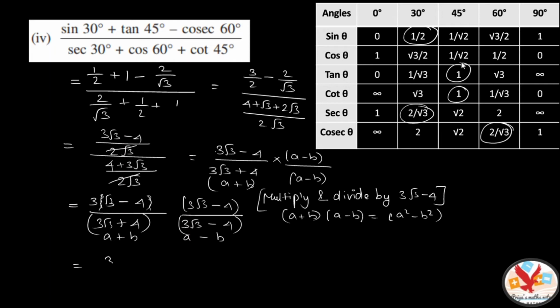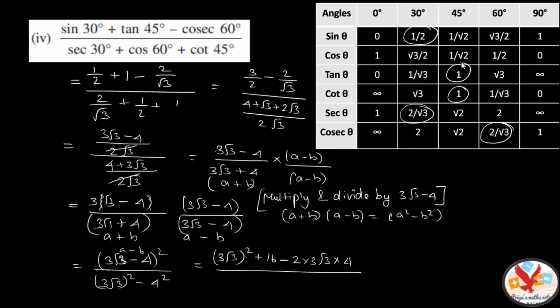Therefore the numerator forms into 3 root 3 minus 4 the whole square by 3 root 3 the whole square minus 4 square, which implies after simplifying, this is the a minus b the whole square formula: 3 root 3 the whole square plus 16 minus 2 into 3 root 3 into 4, divided by 9 into 3 minus 16, which is nothing but 11.